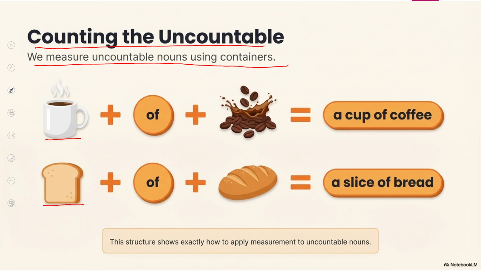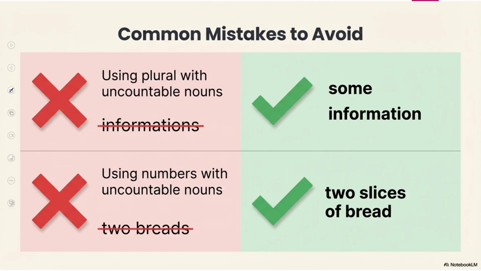A slice is not a container, but we can use some proper things before it. Now, look at this. If we want to say coffee and want to measure it, we can't say coffees, but we can say a cup of coffee and a slice of bread in the same way. So this is the way we can count the uncountable.